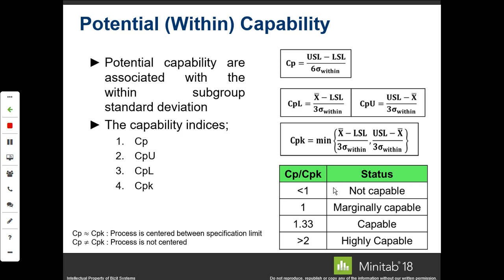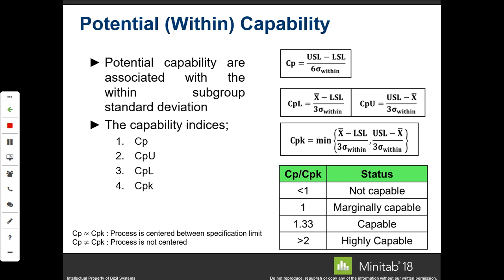So if, let's say, you calculate the Cp or Cpk value and it is 1, we consider it marginally capable. If your Cp or Cpk is 1.33, it is capable. If your Cp or Cpk is more than 2, it is highly capable. If Cp or Cpk is less than 1, we consider that not capable.